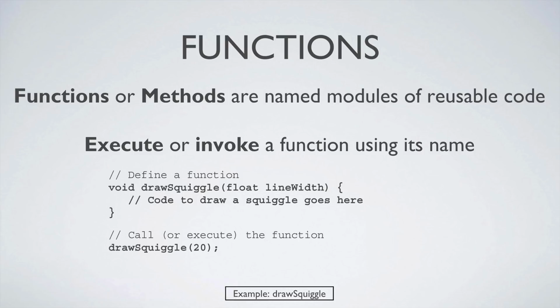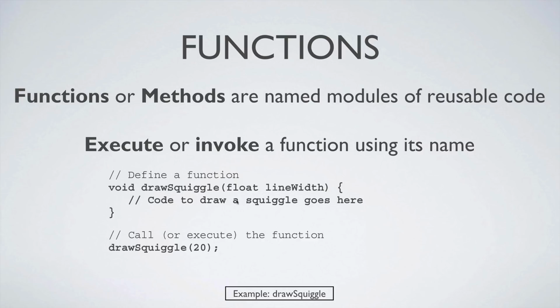So in terms of code, what we need to understand this time around is the idea of functions. Functions or methods you may already know about from programming fundamentals, but if you don't, they're basically a little bit of reusable code. This function here, draw squiggle, is a bit of reusable code that allows us to draw a squiggle.